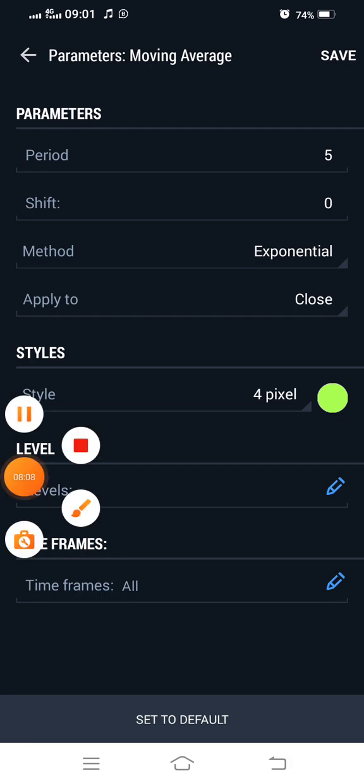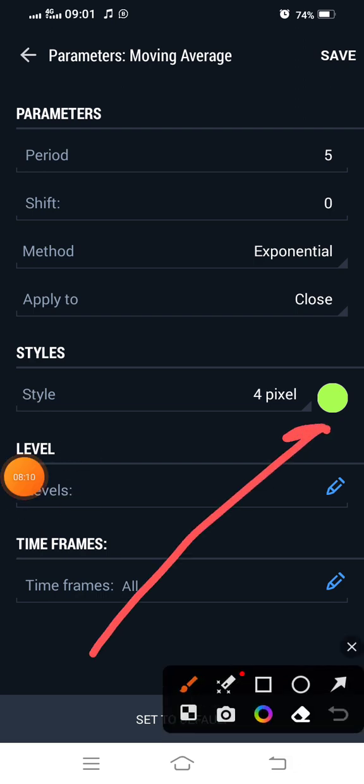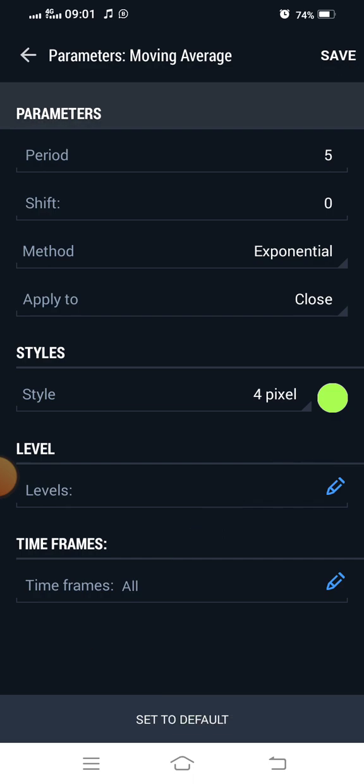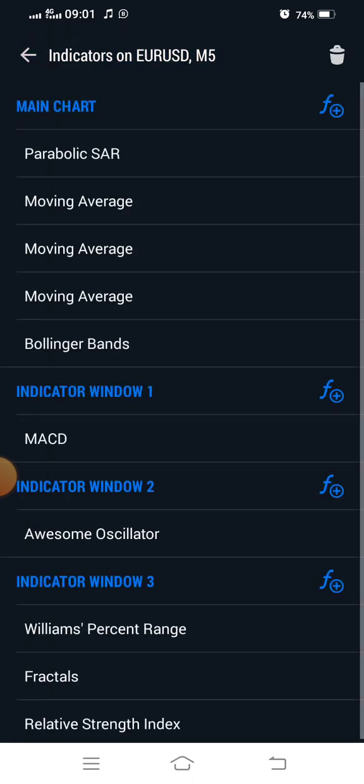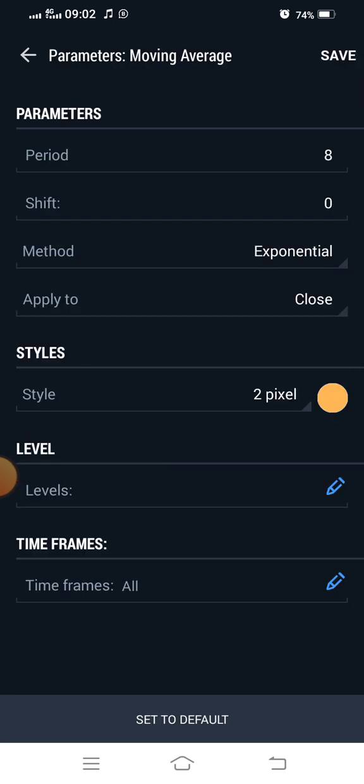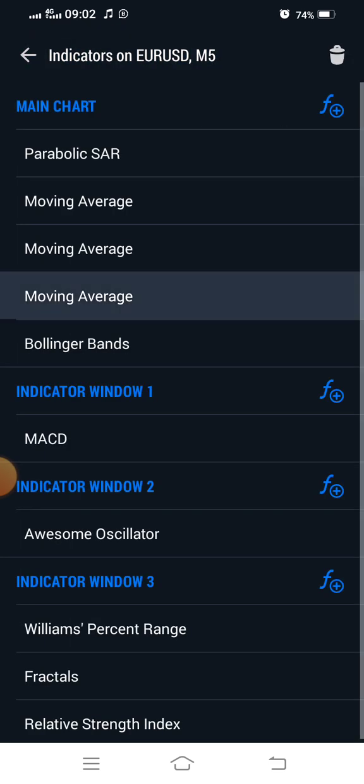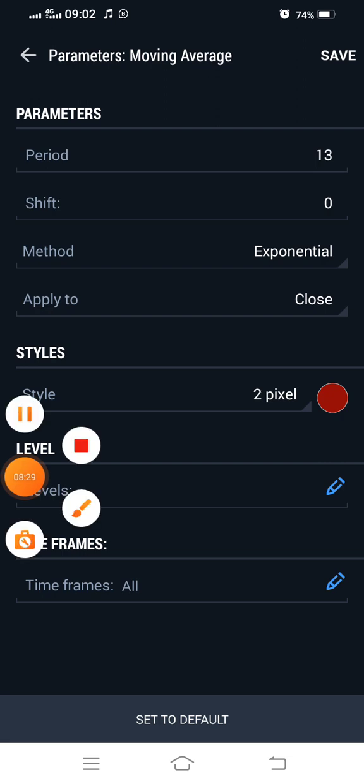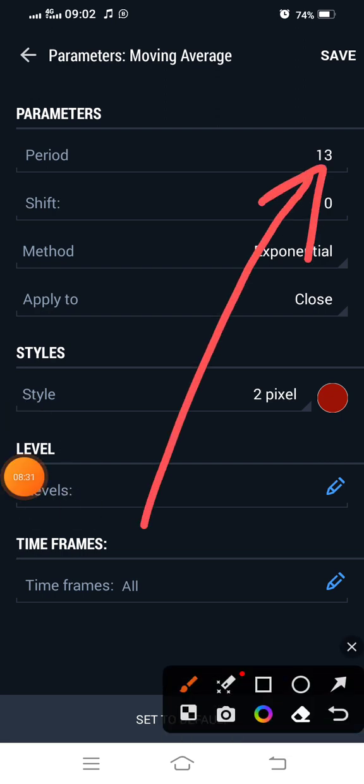All right. You can see the green. That's EMA 5. I made it 4 pixels so that it can be strong, exponential. All right. So EMA 5 is the signal we are looking for to cross EMA 8, like I told you, and EMA 13, like I taught you in the previous class. So it's 5, 8, 13.